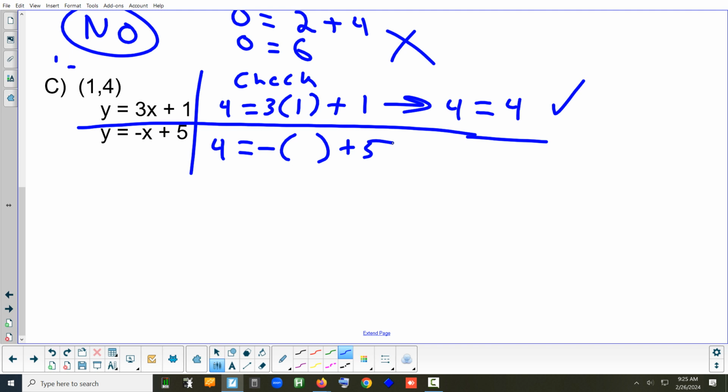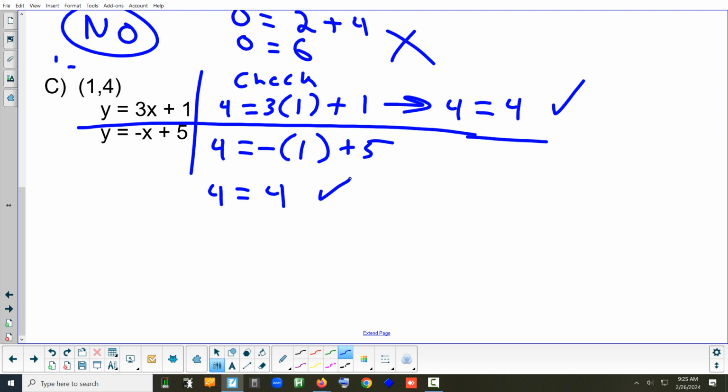Same thing we filled in for x in the top. Is there anything I can do to simplify the left-hand side? No, it's just the number 4. But on the right, we've got negative 1 plus 5. What's negative 1 plus 5? 4. Does 4 equal 4? Yeah.